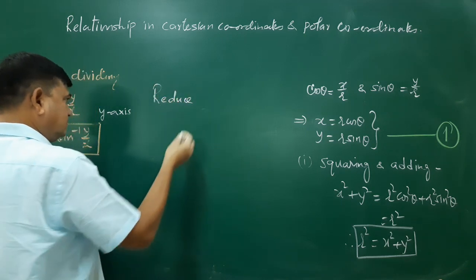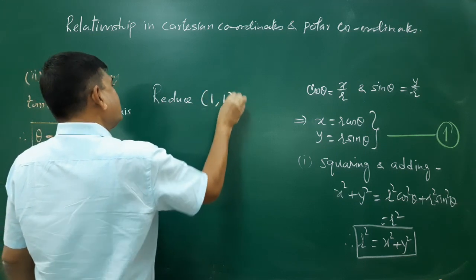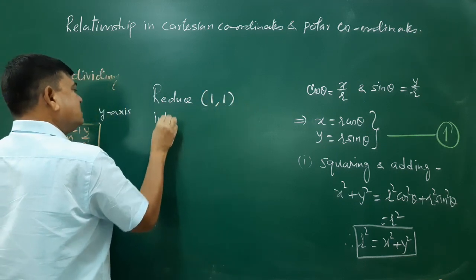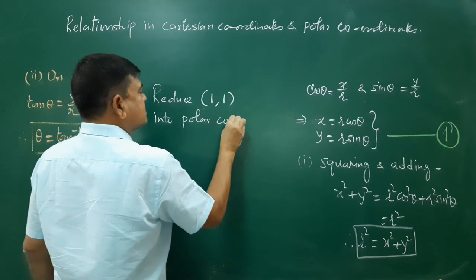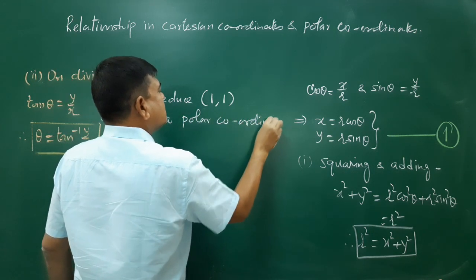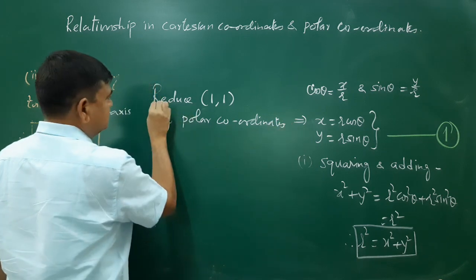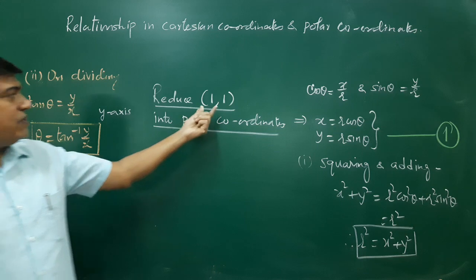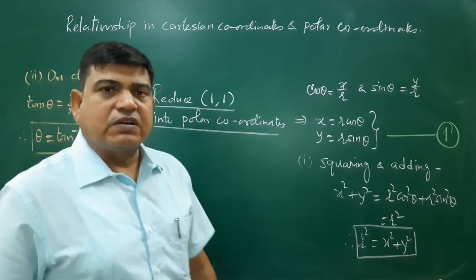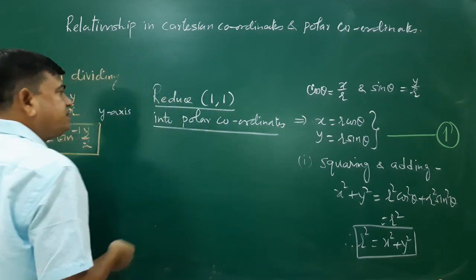Reduce (1, 1) into polar coordinates. So we know the relationship.